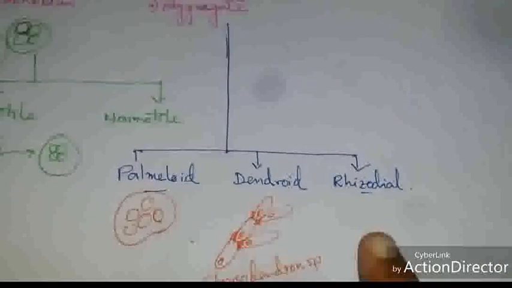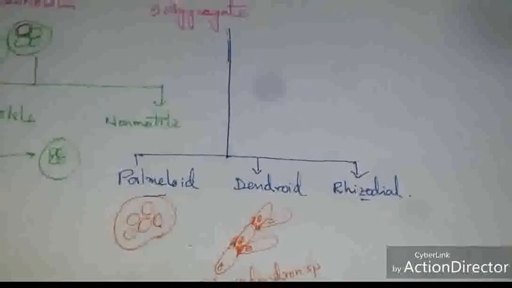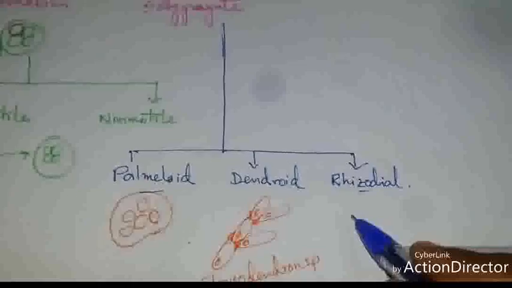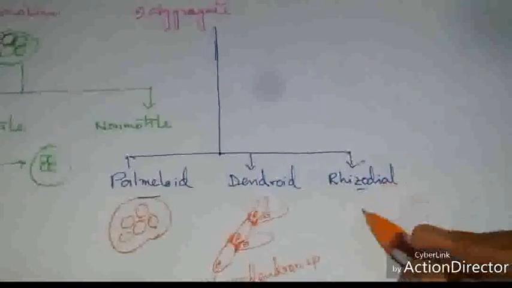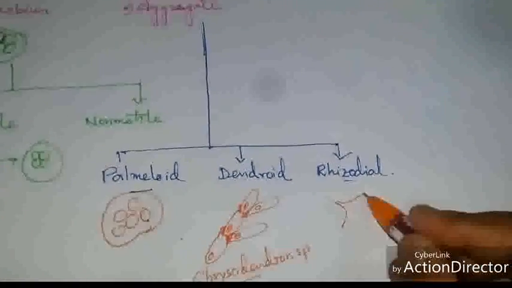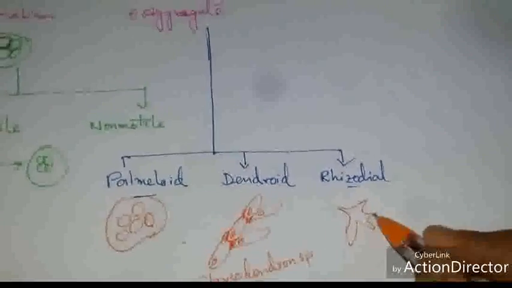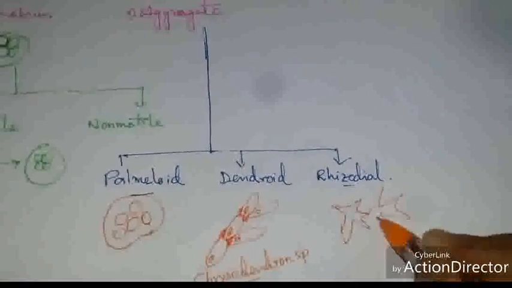Now, third is rhizopodial. The colony is formed with the help of rhizopodia. So rhizopodia help them to form a colony.